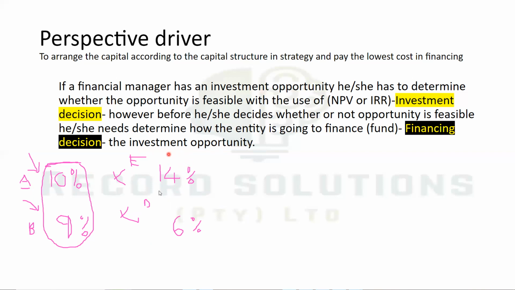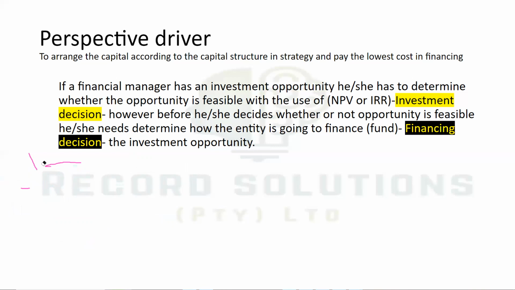We just have to find the average of these two, hence weighted average cost of capital. I hope you get it. That's the reason why we do WACC, because the investment decision and financing decision have to be taken separately. That's why we do WACC.